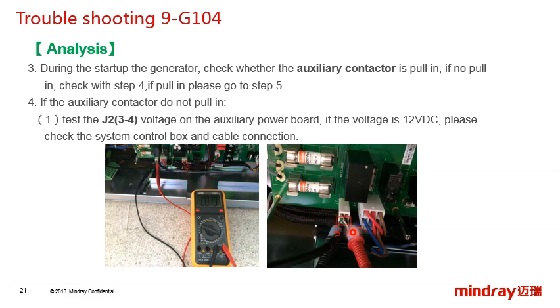Check the value for port 3 and port 4. If the voltage is 12 volt, check the system control box and the cable connection. Normally, this voltage should be 0.